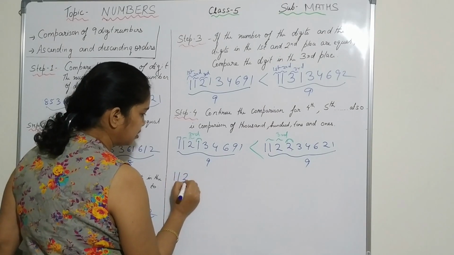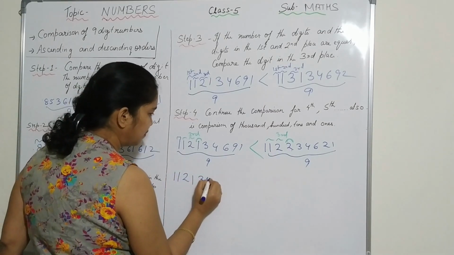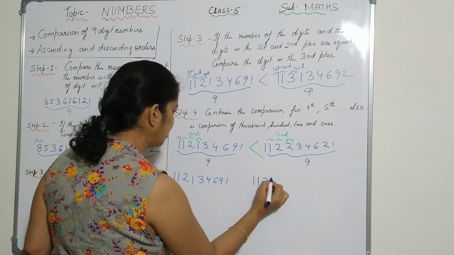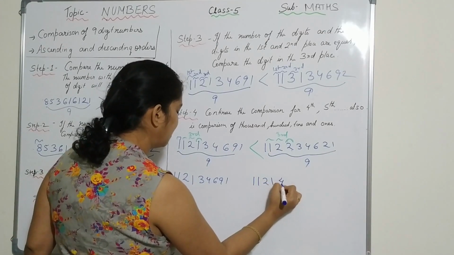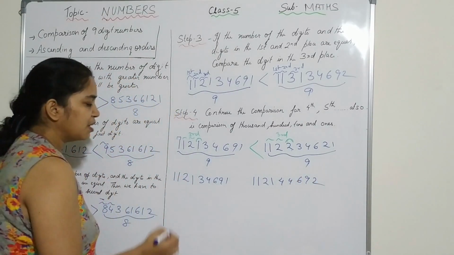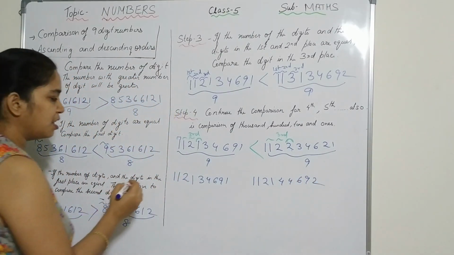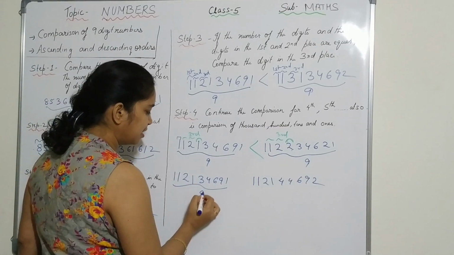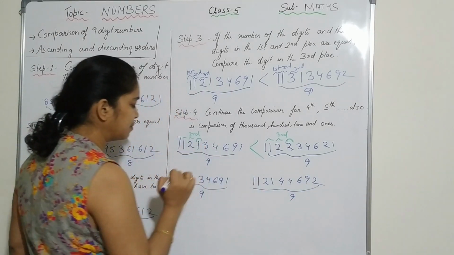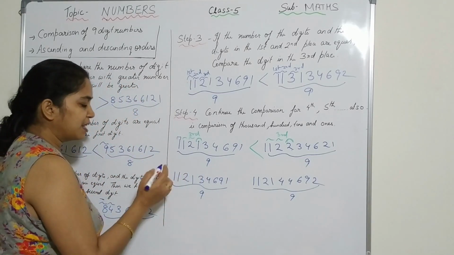1 1 2 1 3 4 6 9 1. The other number is 1 1 2 1 4 4 6 9 2. So in this, what will you compare? You will see that it is a 9-digit number, and here also it is a 9-digit number. First comparison is done.